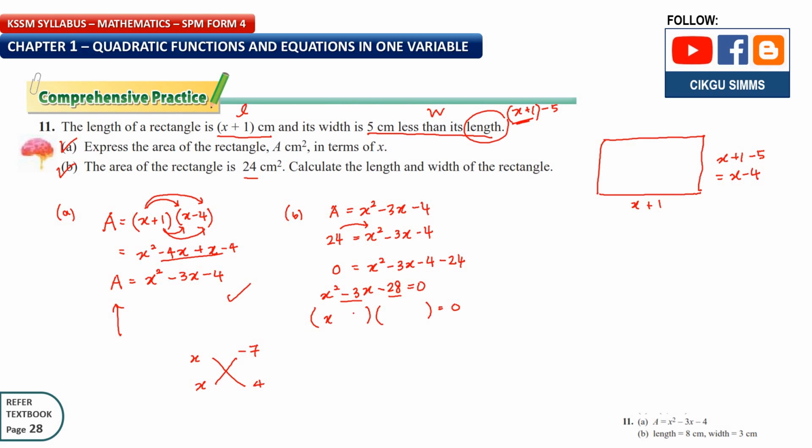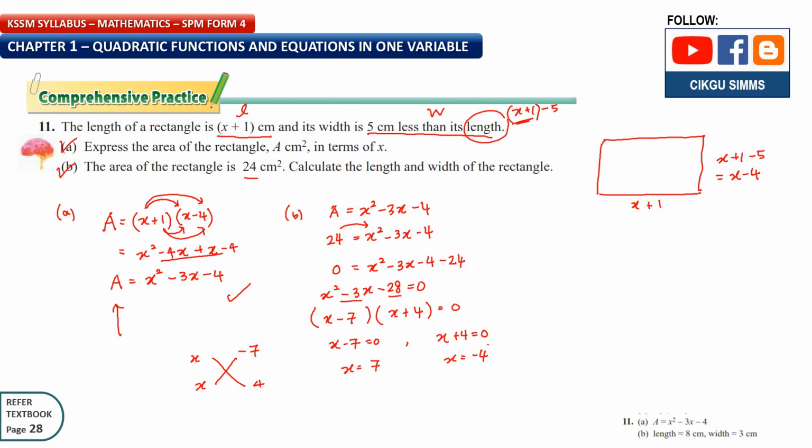So my factorization is (x minus 7)(x plus 4). The first bracket equal to 0, second bracket equal to 0. My first root is 7 and my second root is x equal to minus 4.